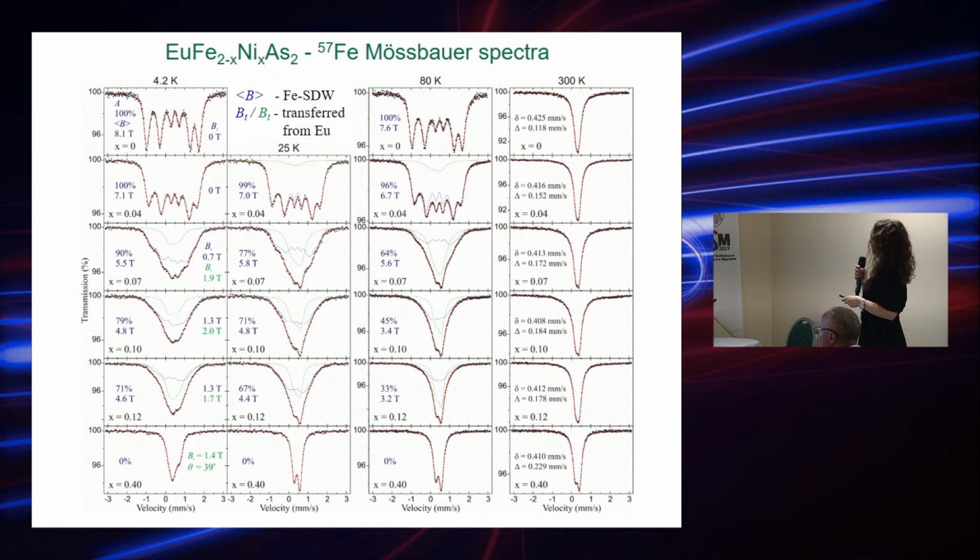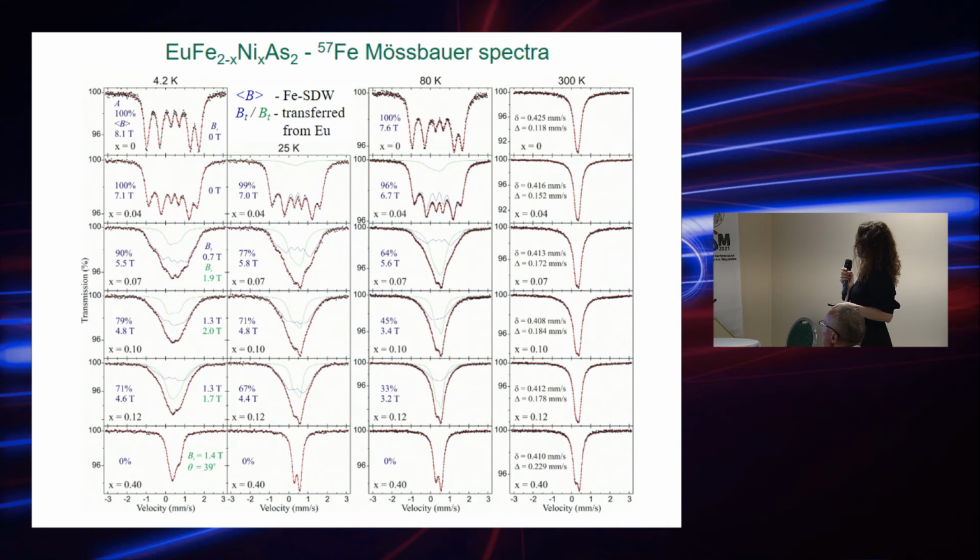What we can see is that at 300 Kelvin every spectrum is paramagnetic, but upon cooling we observe some magnetic subspectra, especially for these 5 compounds.